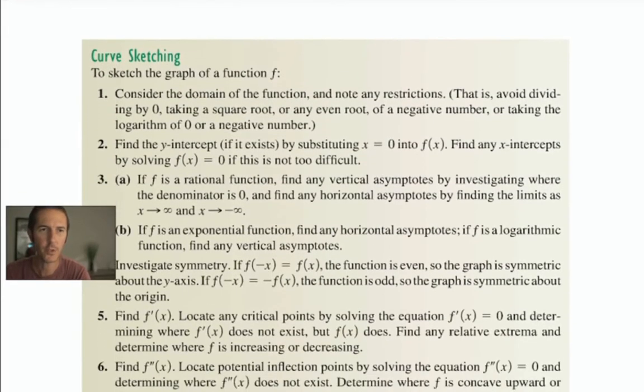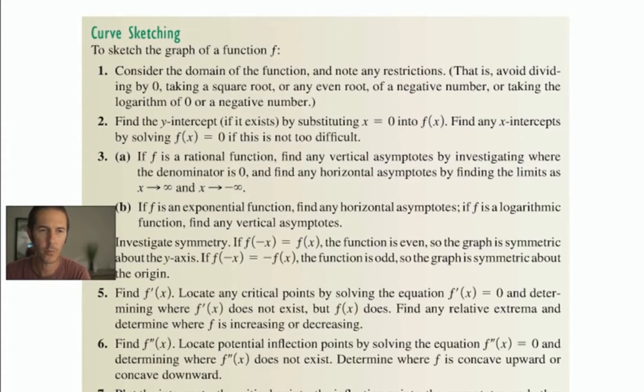So this is a nice to-do list that you can use when you're tasked with either designing your own curve, or not so much designing your own curve, but if you're given a function and you need to draw the curve that corresponds to that function, you can use this checklist, or you can use it in order to help identify the correct one of maybe multiple choice options.